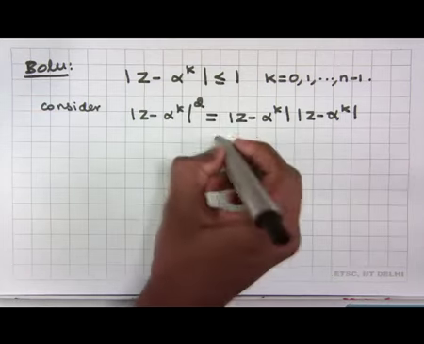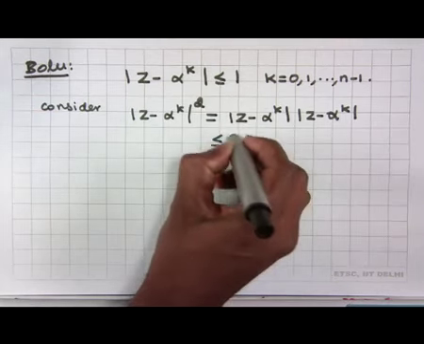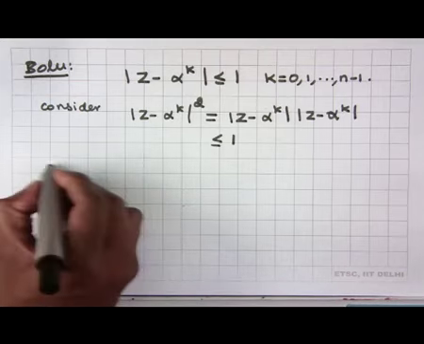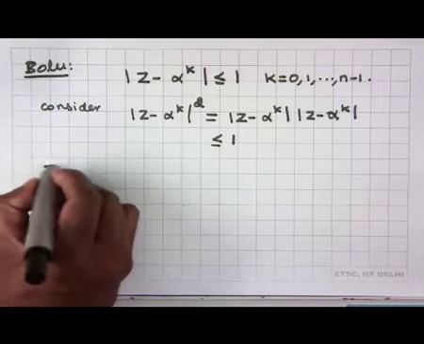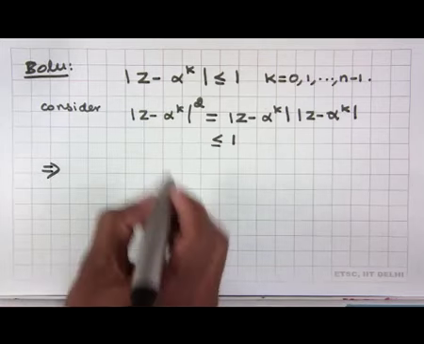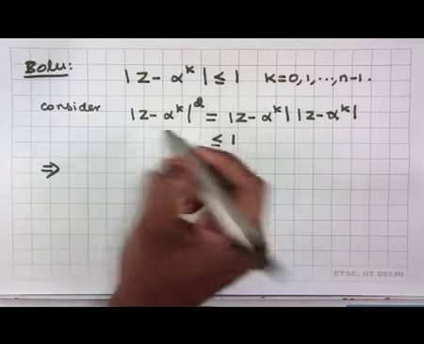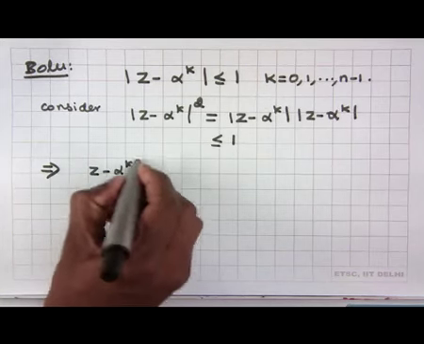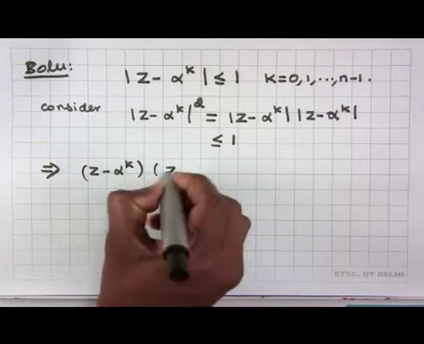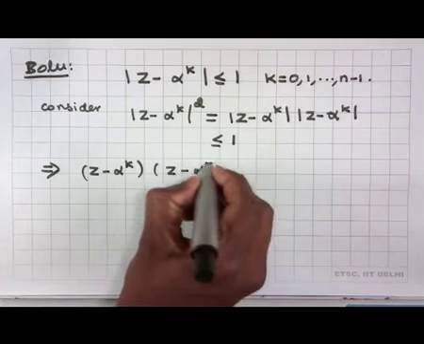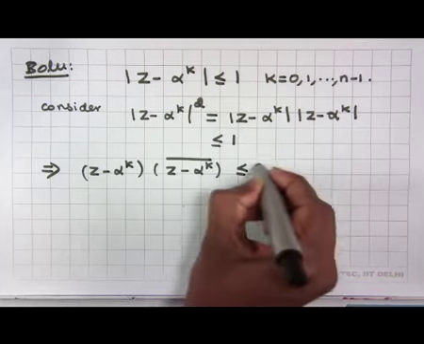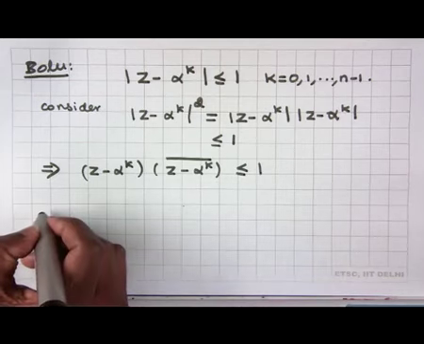So, the product is less than or equal to 1. This implies, now try to expand this left hand side, this is (z minus alpha^k) times (z minus alpha^k) bar, their product is less than or equal to 1.